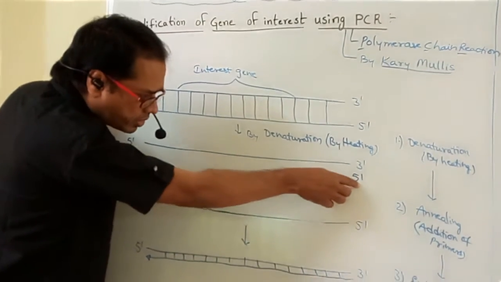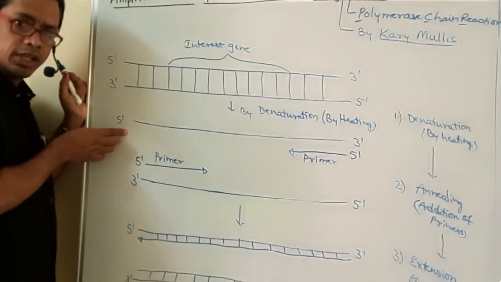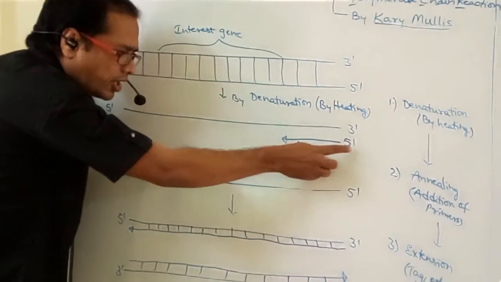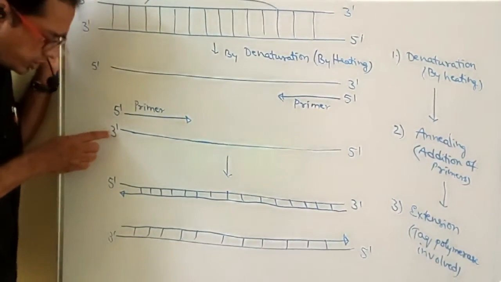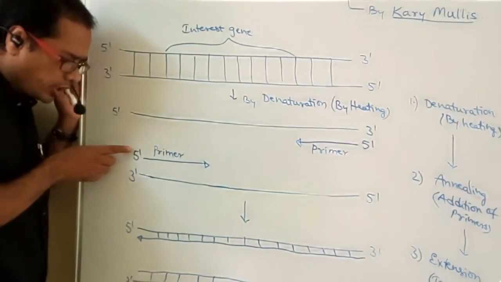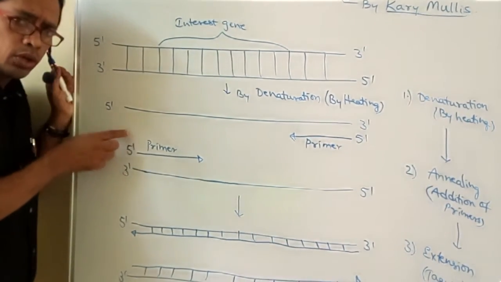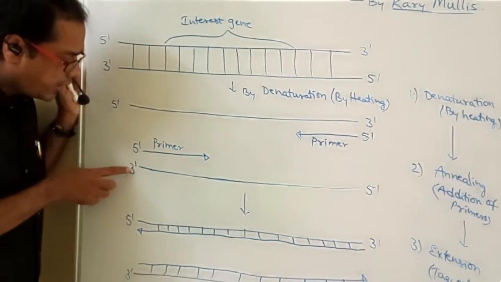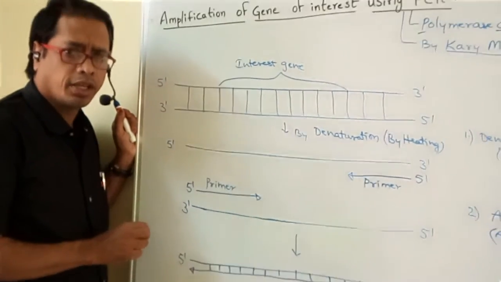If this is the 5', the new DNA strand will go like this, isn't it? So the new DNA strand is synthesized from 5' to 3'. Look here, this is the 3', this would be the 5'. If this is the 5', it goes like this. So both the two DNA strands are antiparallel and complementary, isn't it?